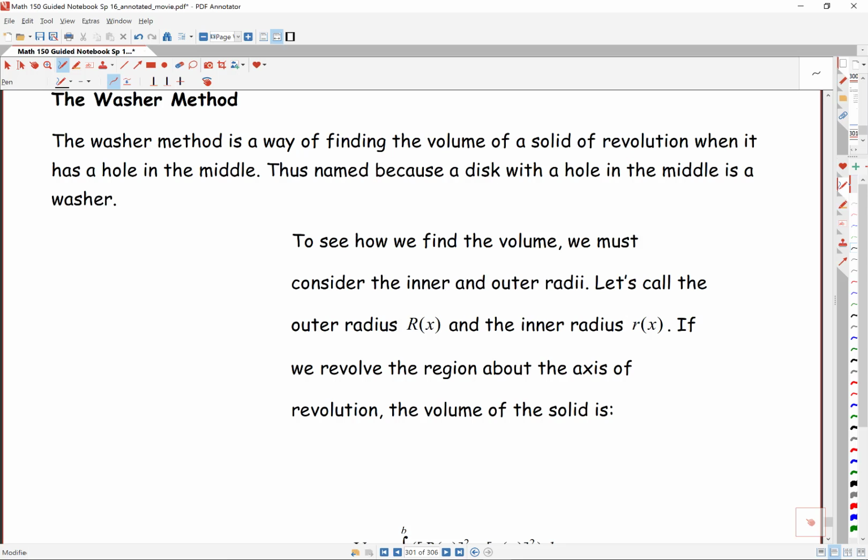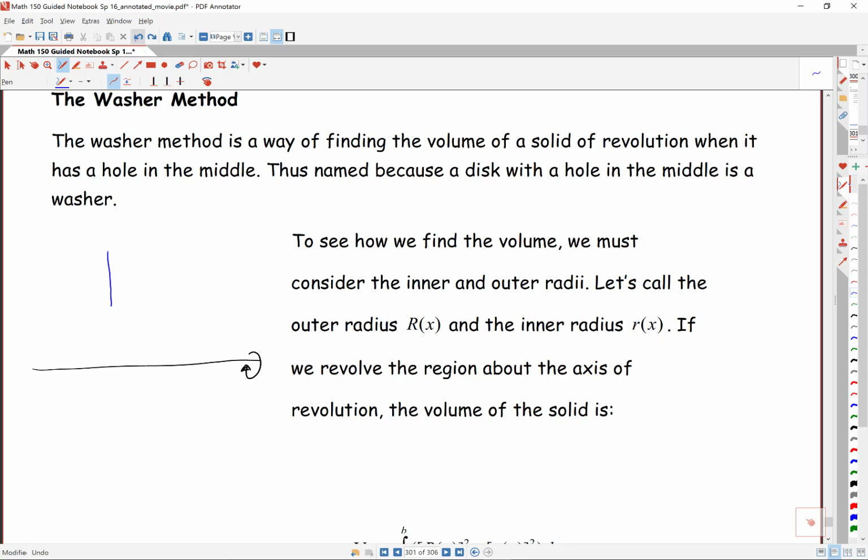So if you have a rectangle inside here, let's just say it's a horizontal axis of revolution. And suppose that instead of being right on that axis, your representative rectangle ends up being here.